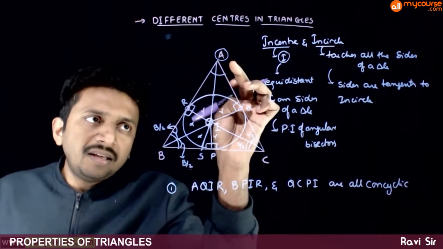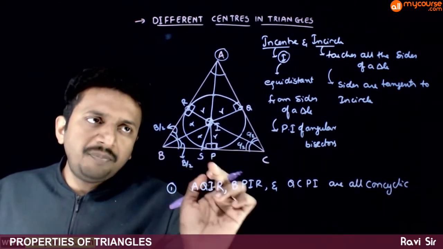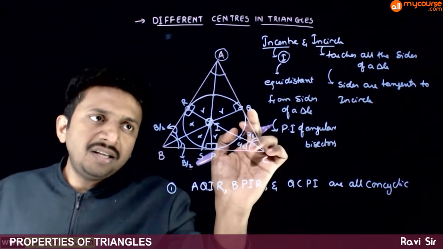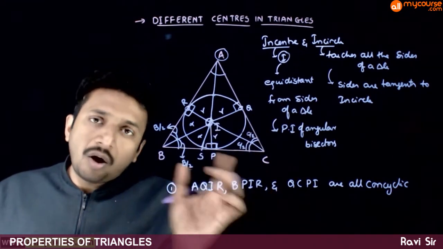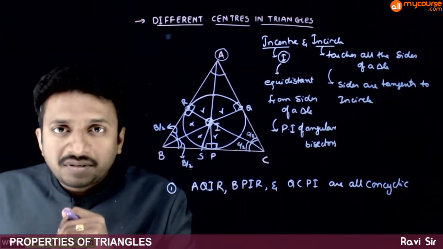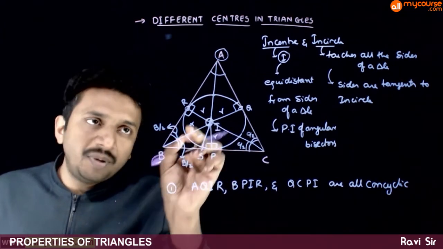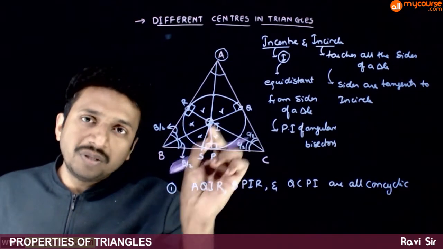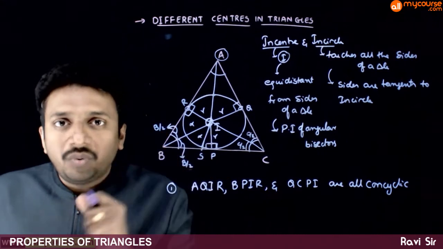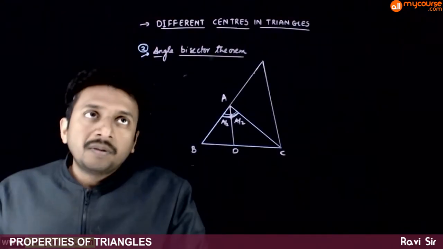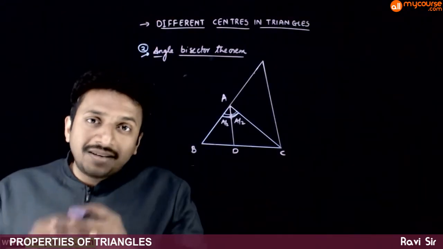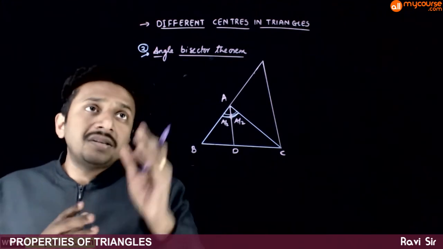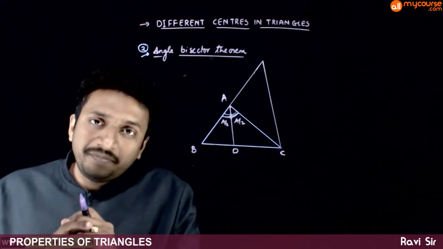So A, Q, I, R; B, P, I, R; and C, Q, I, P are all concyclic sets of points. I hope you have understood why this is happening, because the sum of the opposite angles is equal to 180 degrees. The second property you need to understand about angle bisectors is the angle bisector theorem.